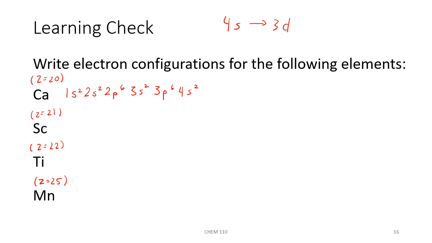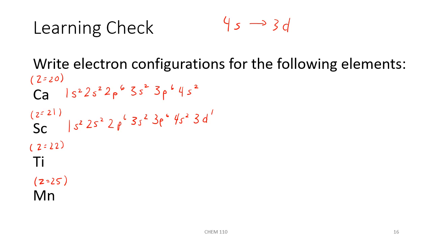So for scandium, our configuration will be 1s2, 2s2, 2p6, 3s2, 3p6, 4s2, and then 3d1. Our 3d subshell can hold a max of 10 electrons because there's 5 d orbitals and each can hold 2 electrons in it.